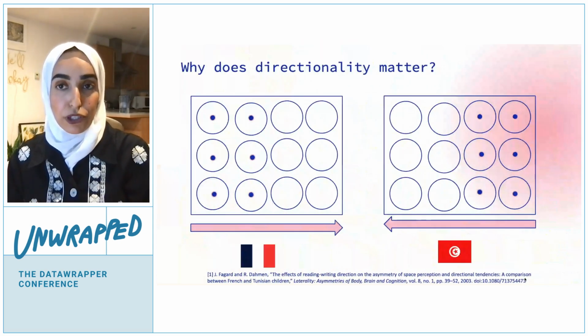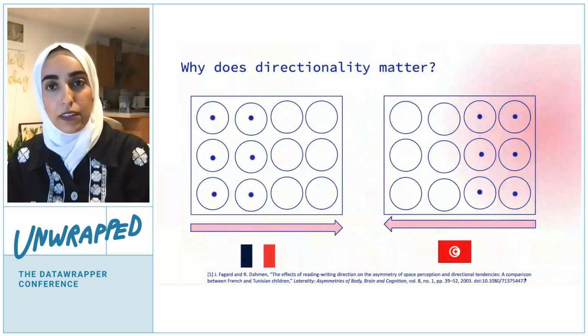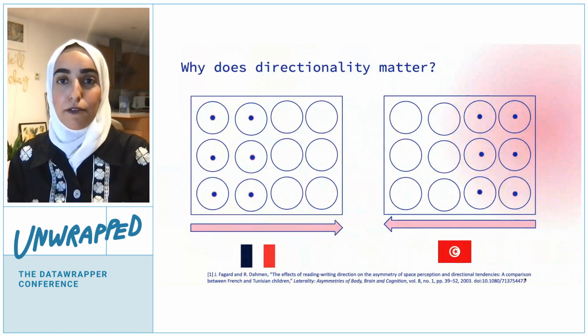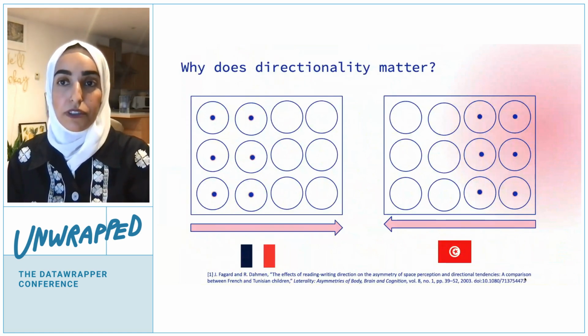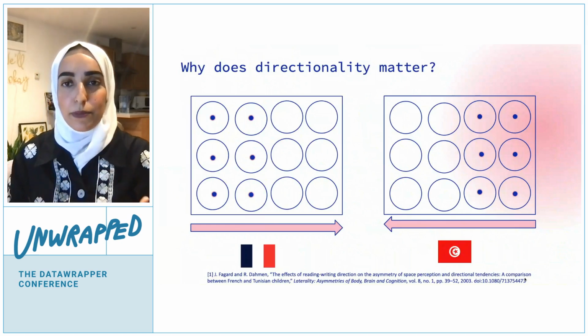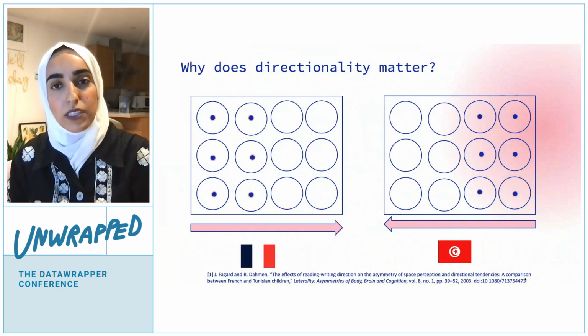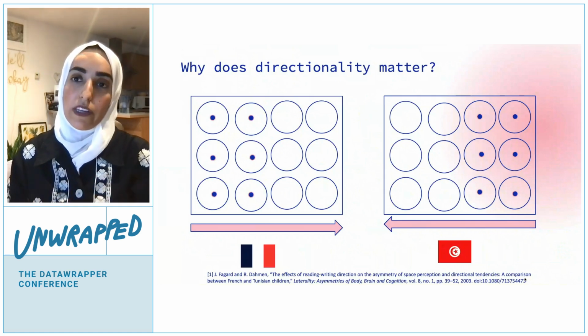They also asked the children to fill circles with dots in 30 seconds. They found that French children filled more dots from left to right, while Tunisian children filled more from right to left. Although these tasks are simple and intuitive, they demonstrate that exposure dictates what to expect and how our perception changes based on the direction.